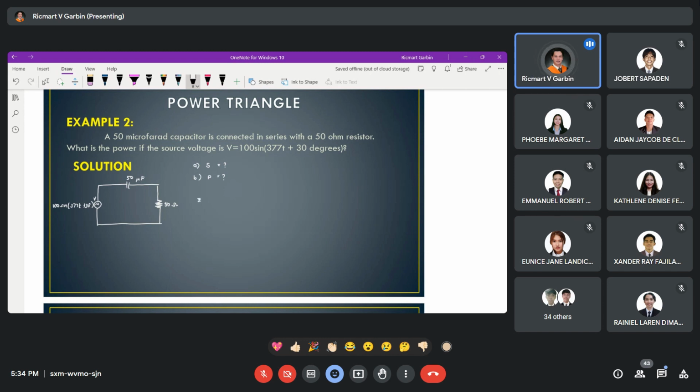So, ang Z natin is equal to R minus JXC. Kasi capacitor yan, so minus JX yung ating value. So, kuhanin muna natin yung ating X sub C. So, this is 1 over omega C, which is 1 over 377 times 50 times 10 to the negative 6. So what is our capacitive reactance? Compute.